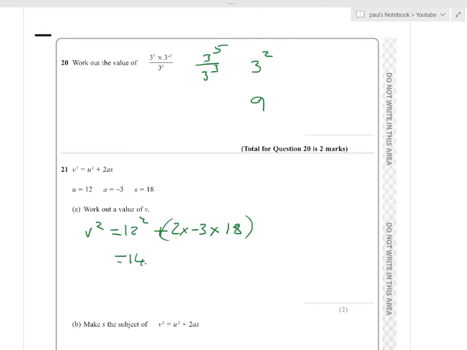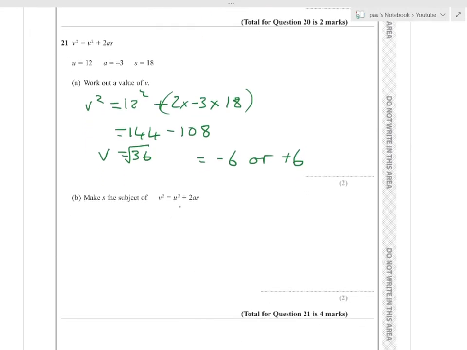So you've got 144 minus 108. I wonder if that works out right. 144 minus 108 is 36. Yeah, so that equals 36. So V will equal the square root of 36, which could equal minus 6 or plus 6.